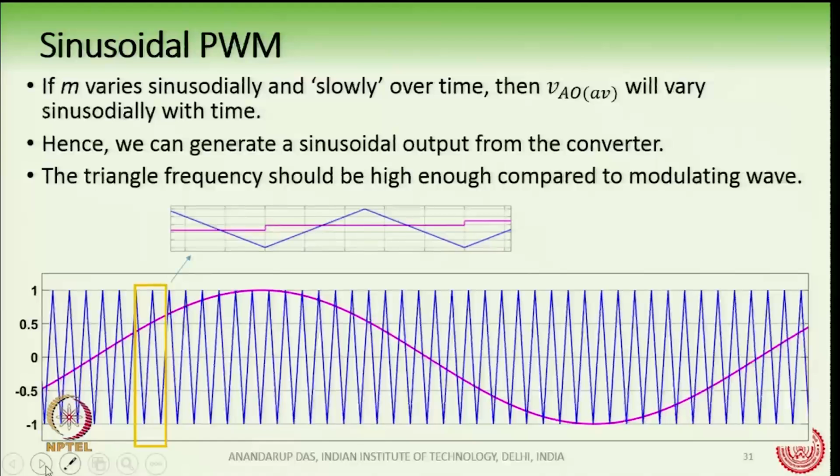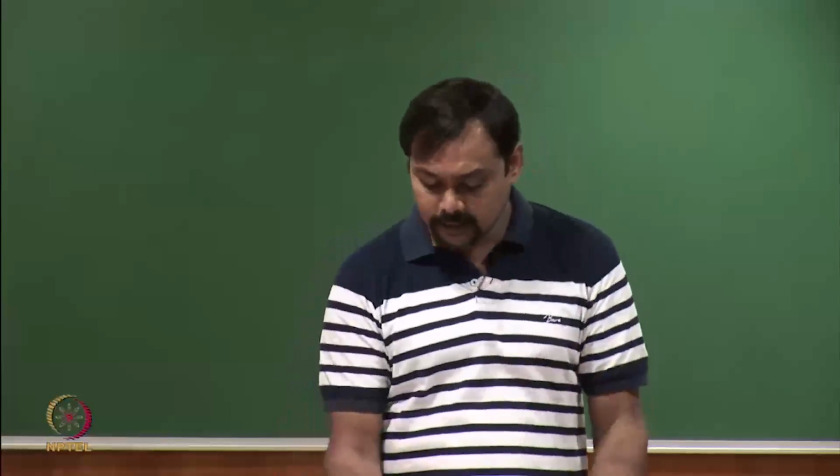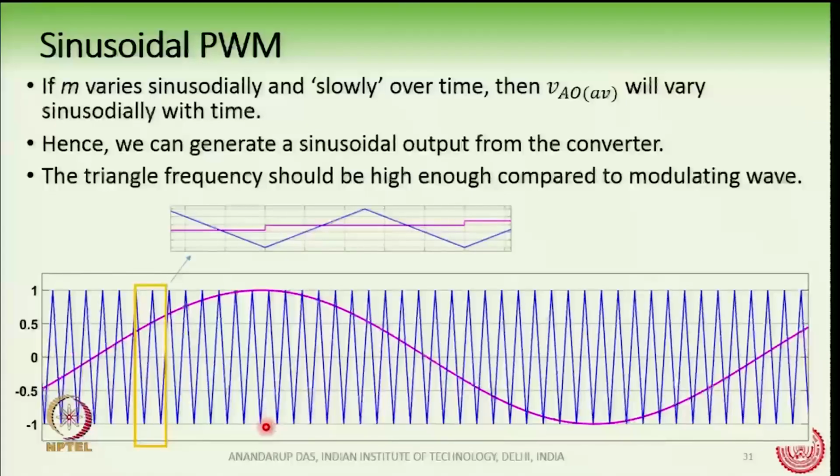See, for example, I show you this diagram here. In this diagram we see that the reference waveform is changing sinusoidally, but it is changing sinusoidally very slowly as compared to the time period of the triangular waveform.